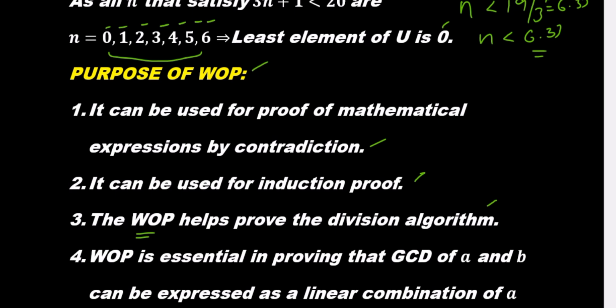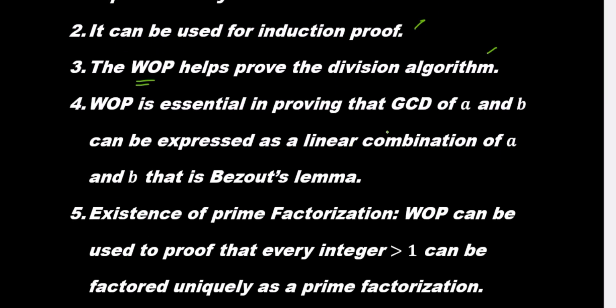WOP is essential in proving that the GCD of a and b can be expressed as a linear combination of a and b, that is called Bezout's lemma, which we will discuss inshallah in our incoming lectures. You will see, to prove Bezout's lemma we will use WOP. Existence of prime factorization: WOP can be used to prove that every integer greater than 1 can be factored uniquely as a prime factorization.